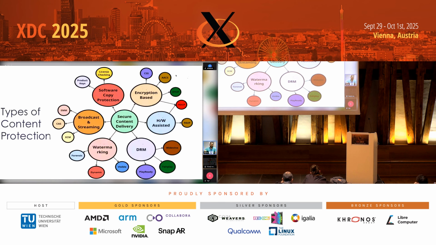Next, we come to the types of content protection. We will be majorly talking in this presentation about HDCP and PAVP. But before we move ahead, I would like everyone to know the different kinds of content protection that are already there and all the things that come together to make this environment safe and secure for everybody. So let's start with software copy protection, which uses your product keys and license checking.